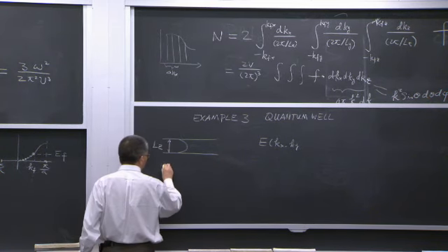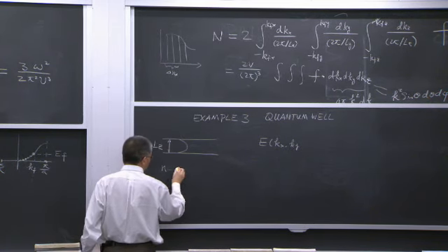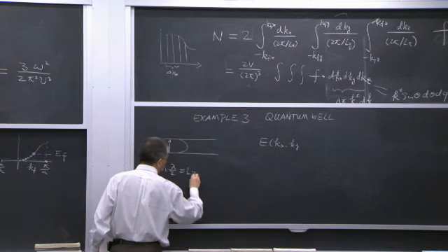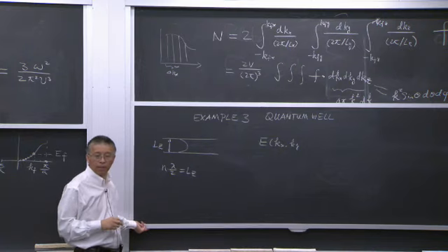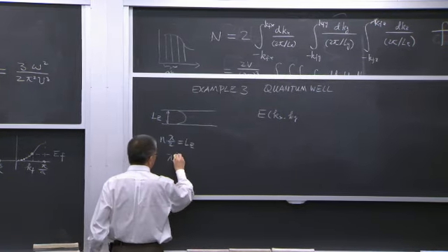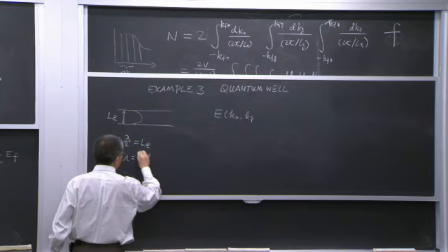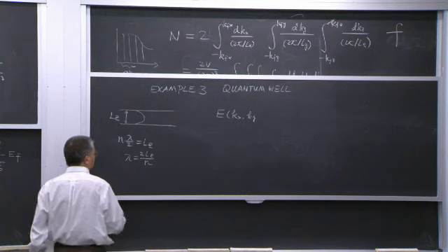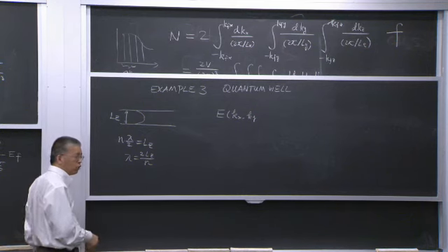So n lambda over 2 equals Lz, and that means lambda equals 2 Lz divided by n, and you can convert this back into energy.